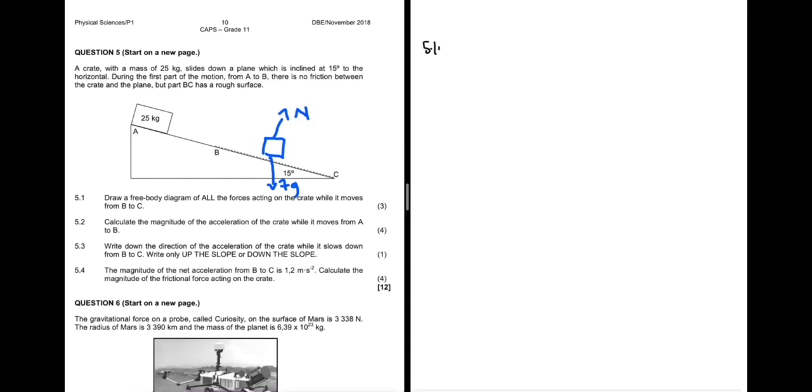And then another force that is acting is friction, right? Like we are told, friction opposes the direction of the motion. Thus, as a result, it is pointing towards point A, because that's where the object is coming from.